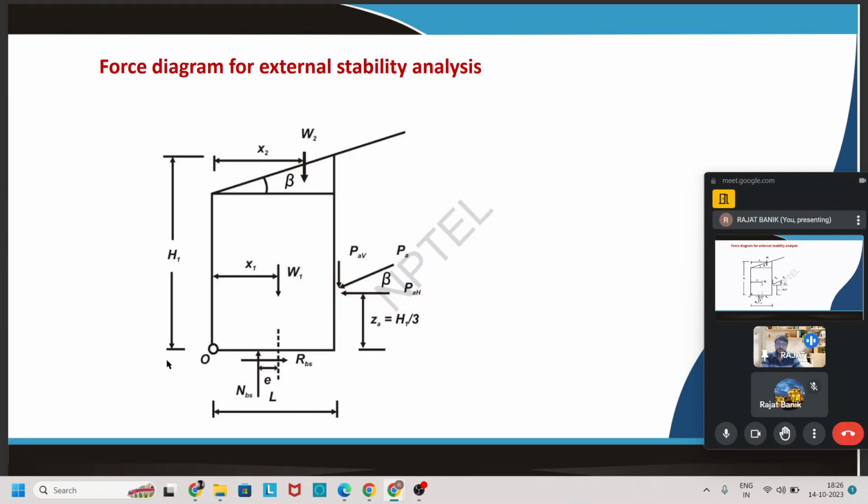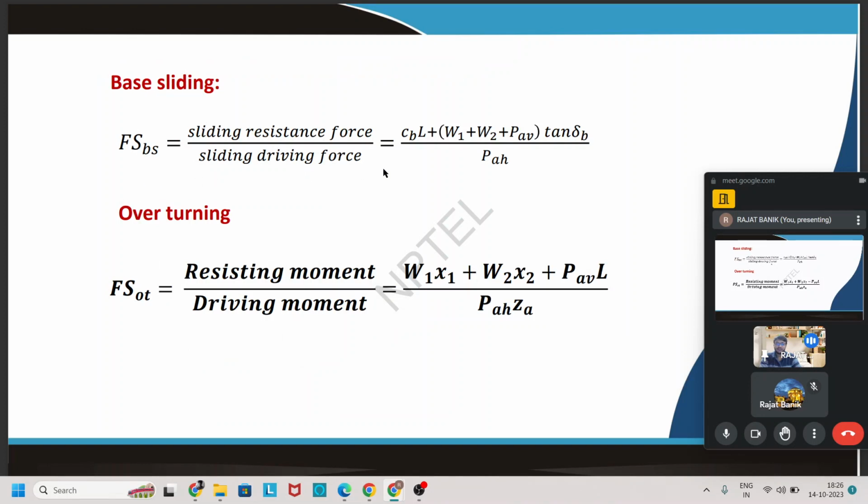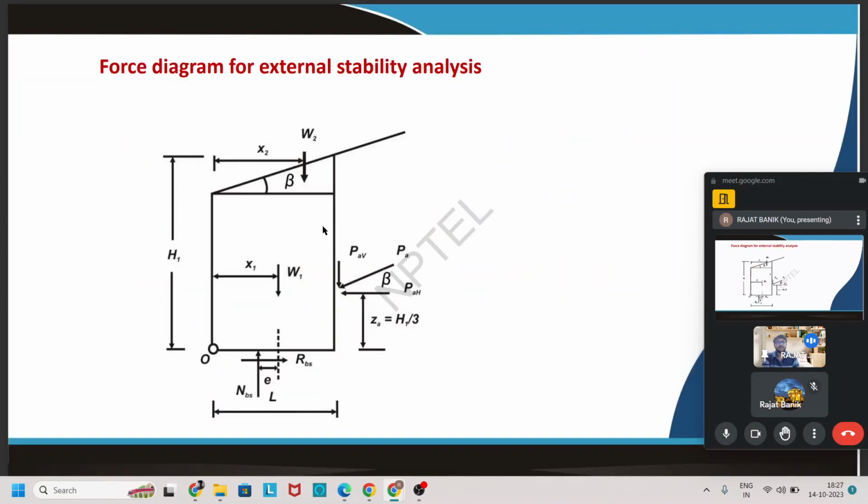And here again one schematic diagram is shown for external stability, with the different types of force acting, and we find the different factors of safety this way. And by this formula we will try to solve one problem today. We need to design one mechanically stabilized retaining wall, or earth wall, by this formula, and we check whether this wall, which I am going to design, is safe.